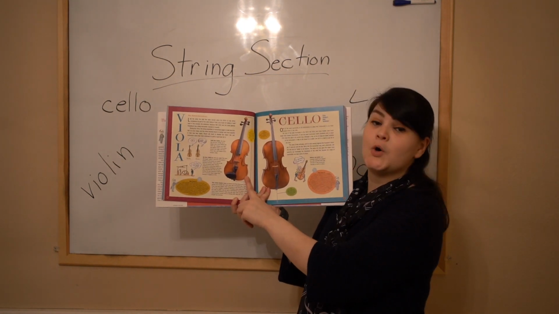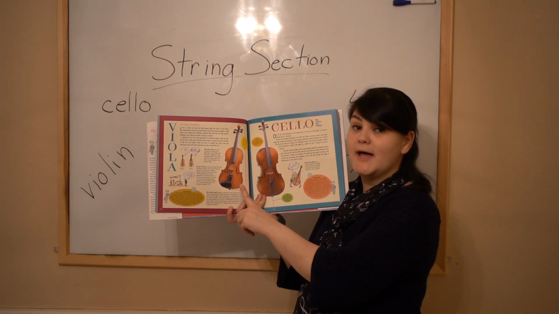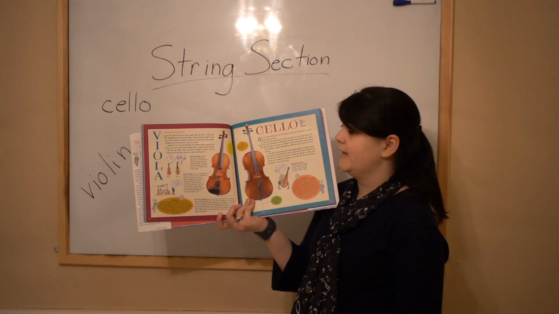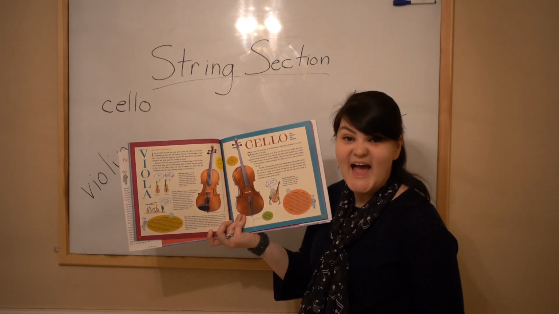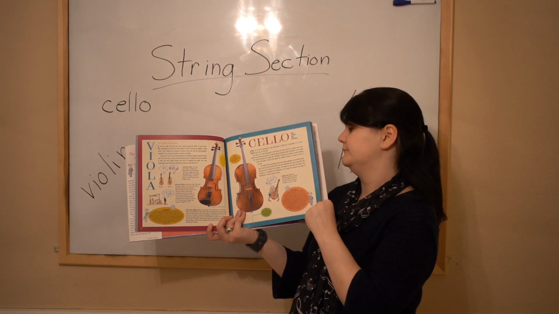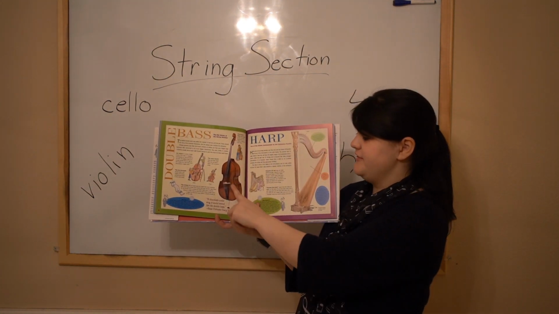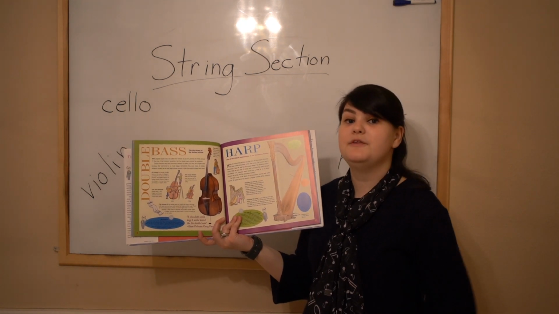This is a viola. It looks a lot like a violin, but it's larger. Even bigger than that is this instrument, the cello. The double bass looks like a big violin, and it's super big.